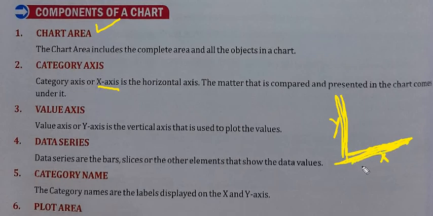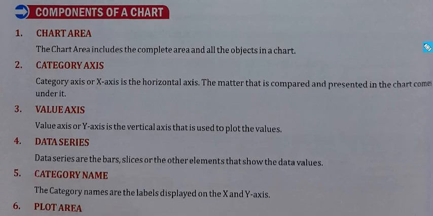Suppose I talk about any shop. Let me show you. Let me talk about any shop, that we have one shop. In my shop, here I am writing biscuit, here mixture, here chocolate, right?